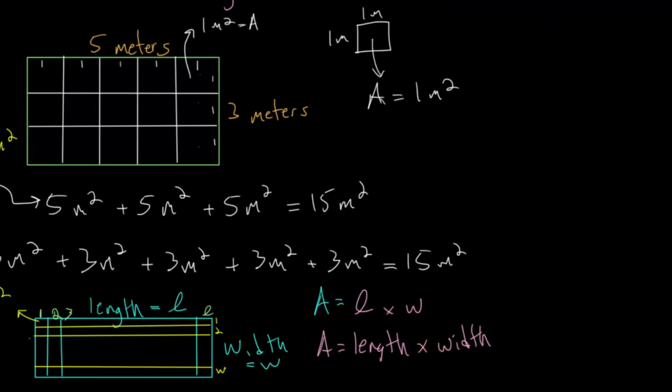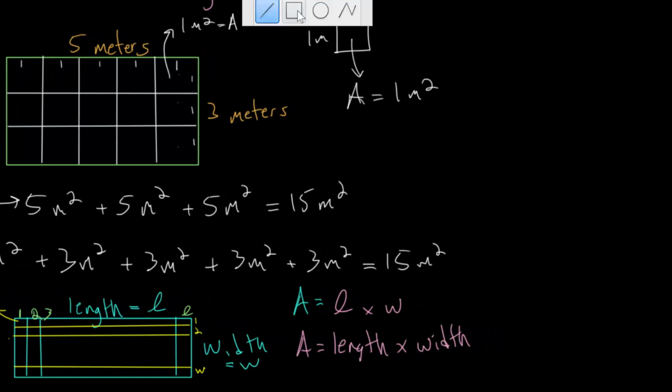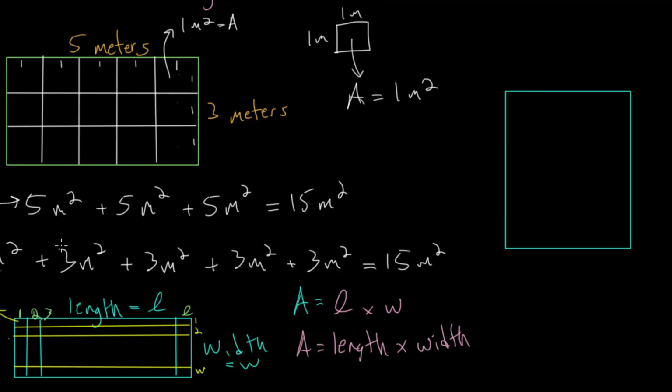So as an example, let's say that we have a box. Let me draw that really quickly. Some rectangle or square, where maybe one of the side lengths is 23 meters and the other side length is 46 meters. And to find the area of this, we could just use our formula, where in this case, our length is 23 and our width is 46.